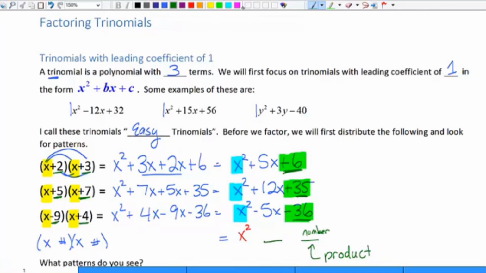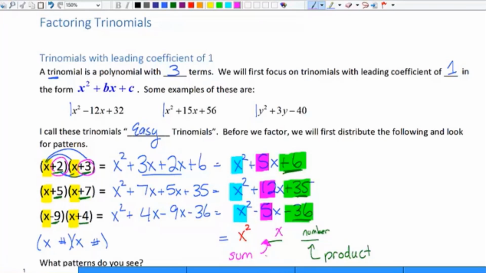And then the last thing students will point out to me is that this middle number is always with some x. So it'll be some number as a coefficient with some x. But what is it about that number? If you see the colored in purple, if you take the numbers 2 and 3, and this time we add them, we get 5. So we will call this the sum.